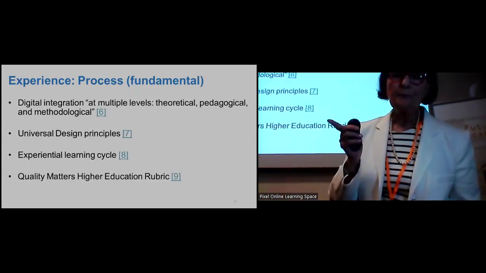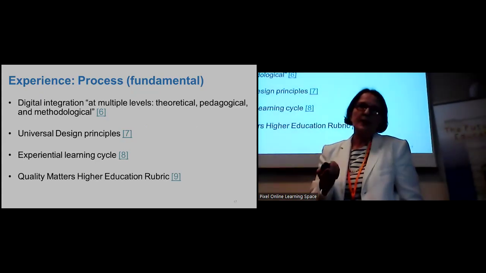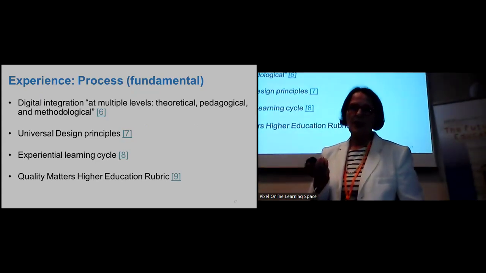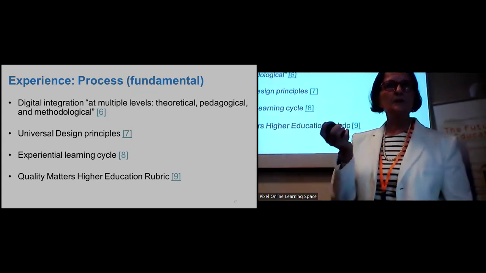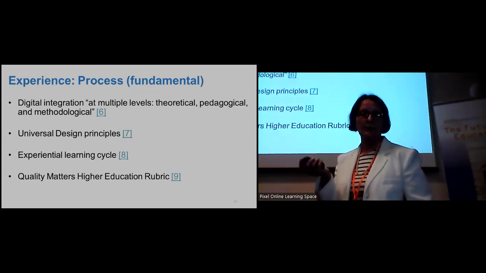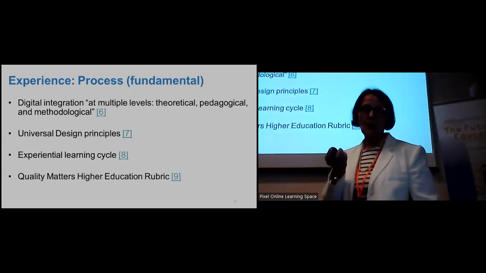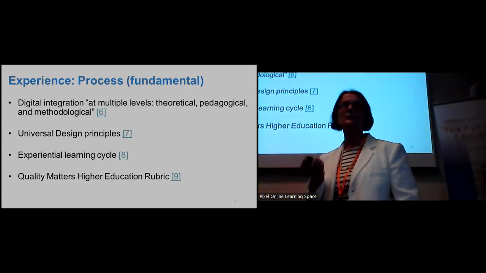So to design an online course, first we have the basics, the fundamental aspect of it. You have to take notice of the digital integration at multiple levels: theoretical, pedagogical, and methodological. And then you have to pay attention to universal design for those students that may have disabilities.